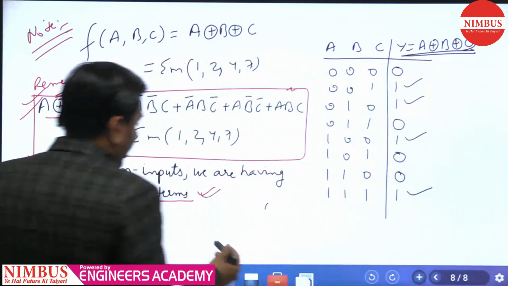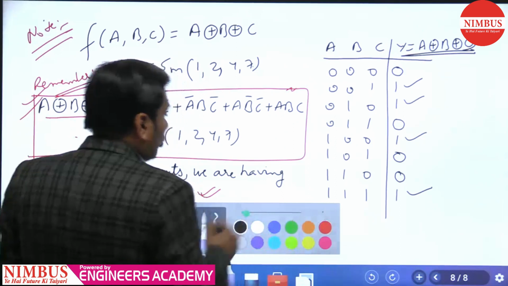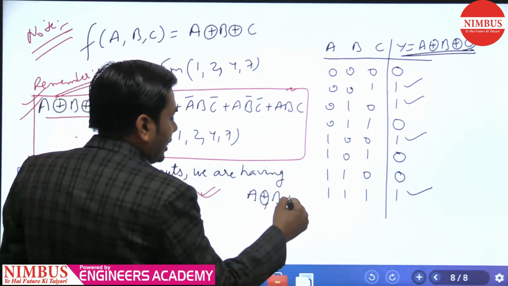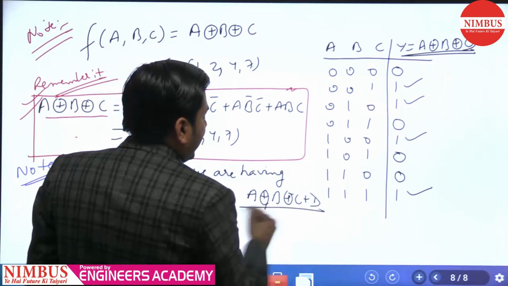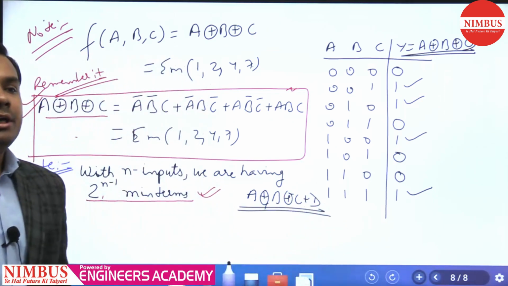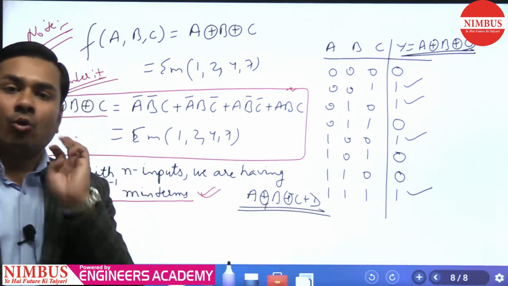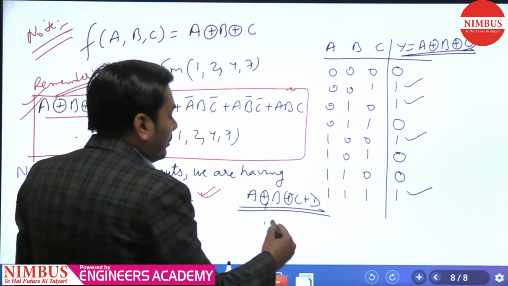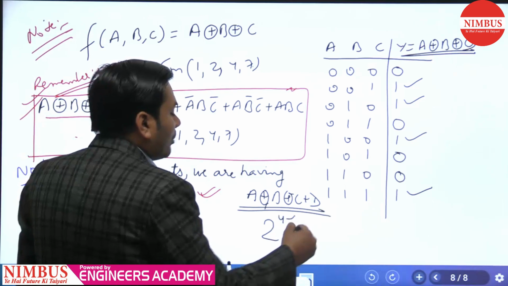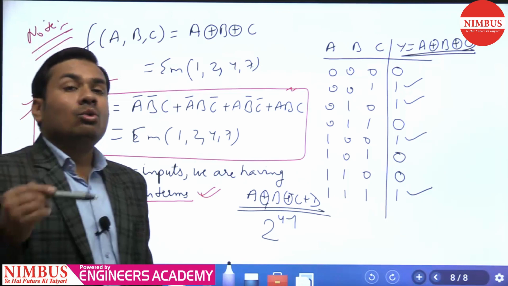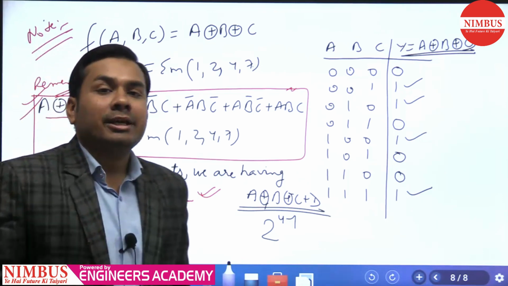Suppose we are talking about A XOR B XOR C XOR D. The number of inputs is 4, that means the number of minterms is 2 raised to 4 minus 1, that is 2 raised to 3, that means 8.